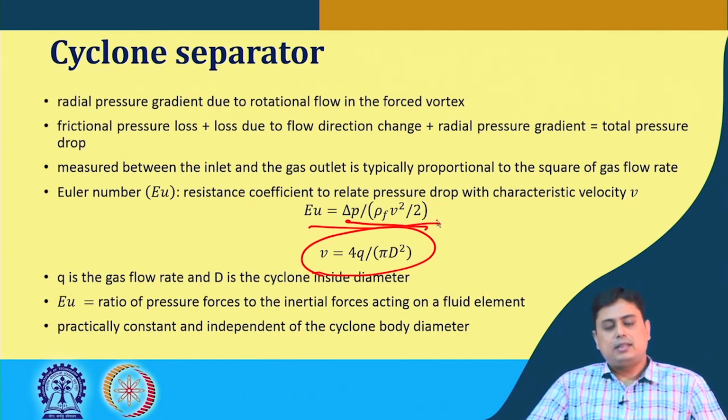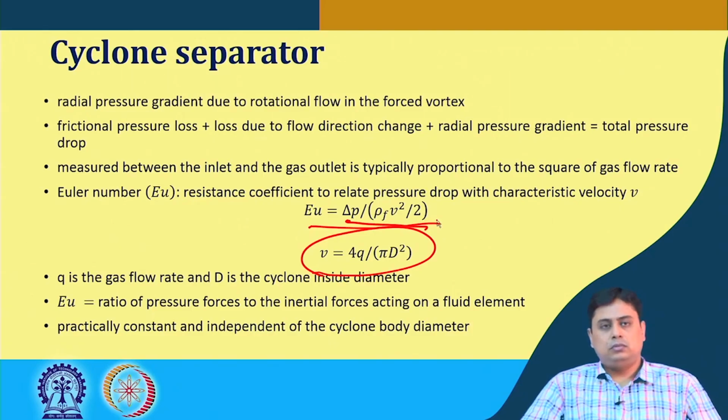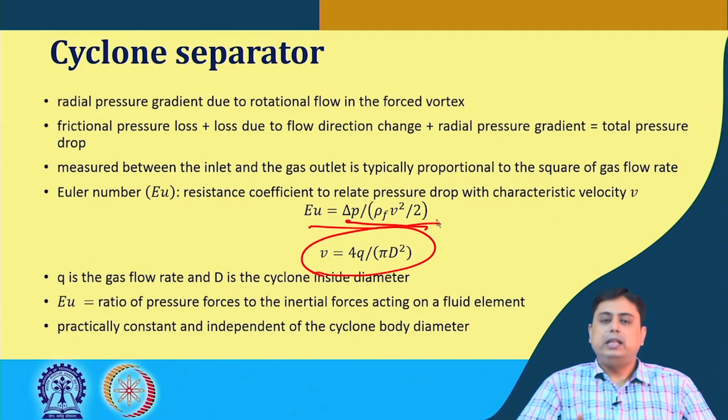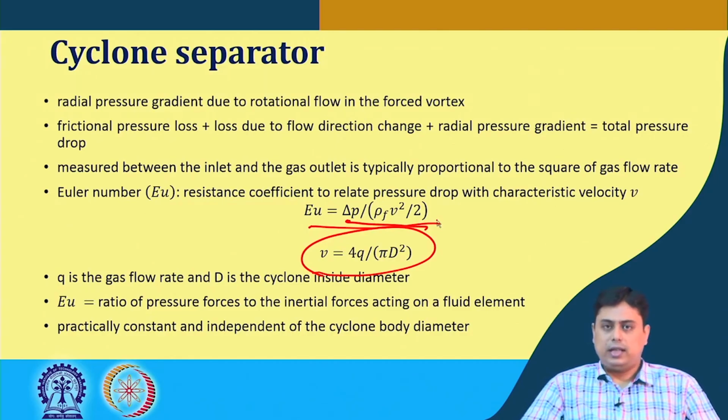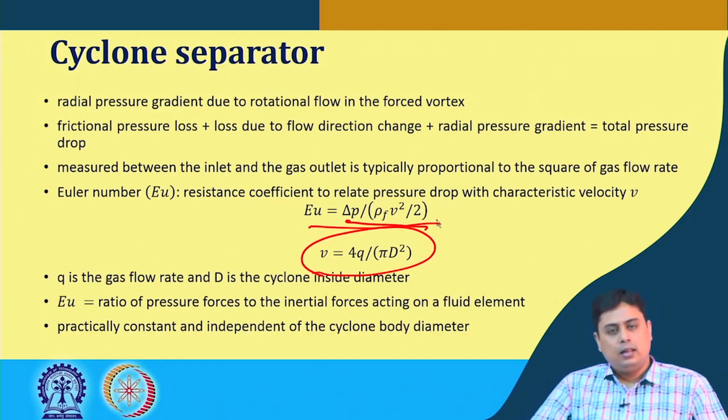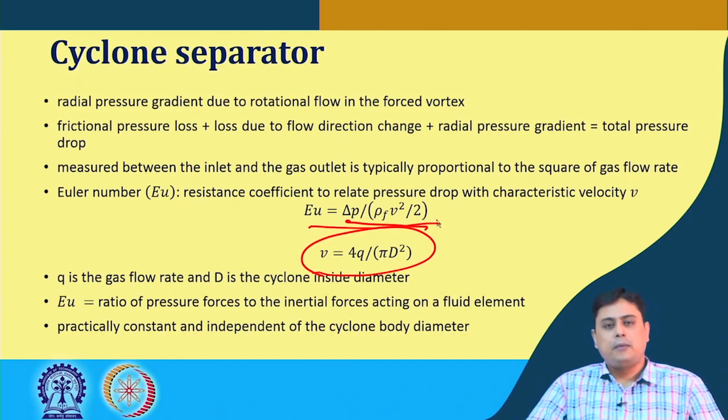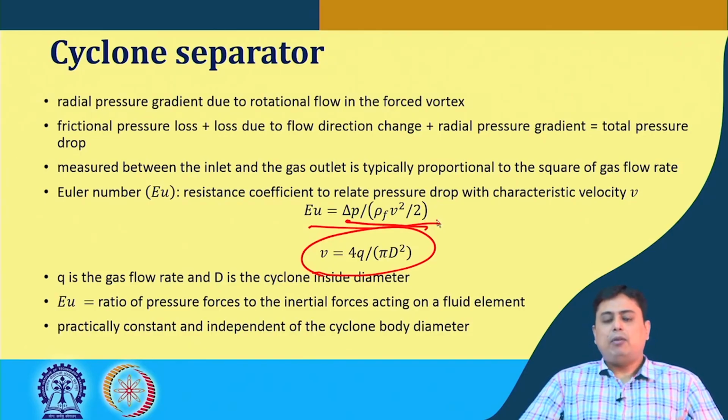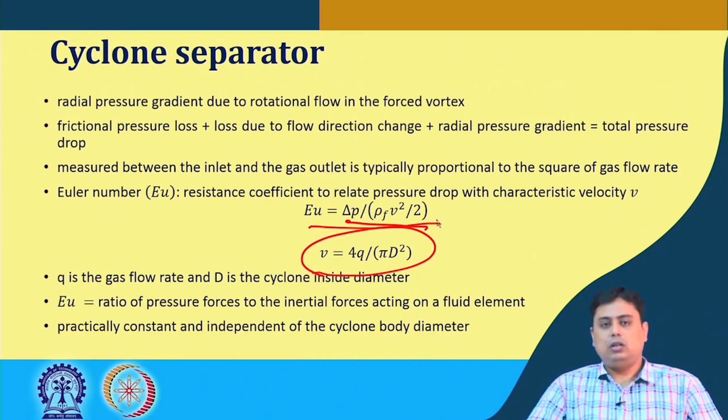That means, for that family of cyclone separators, the lengths that I mentioned, the conical section length, the cylindrical section length, the position of the gas inlet from the top, are in proportion with respect to the vessel diameter or the cylindrical section diameter.